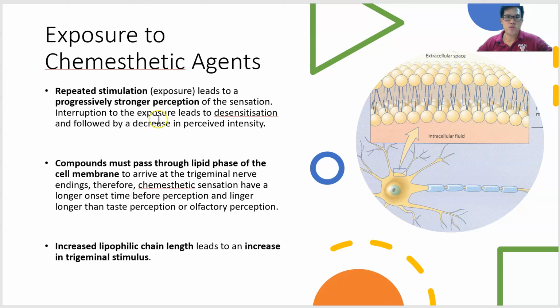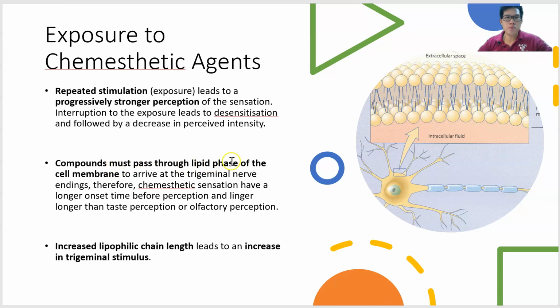As soon as you stop the exposure, you start to desensitize, then the intensity lowers down. But again, how fast it will decrease the perceived intensity depends on the affinity of the signals that are sent to your brain. Some of the components can be immediate, some can take a longer time.